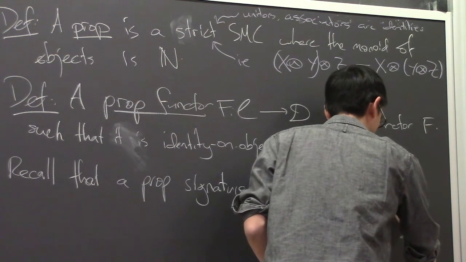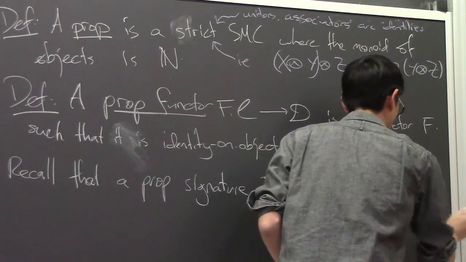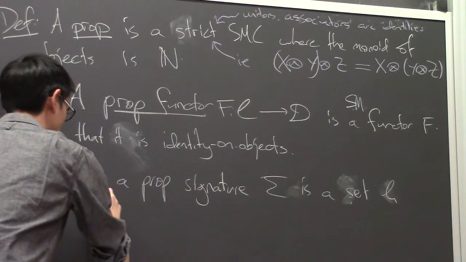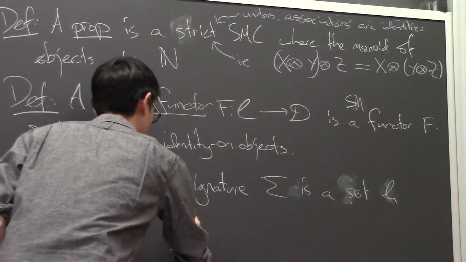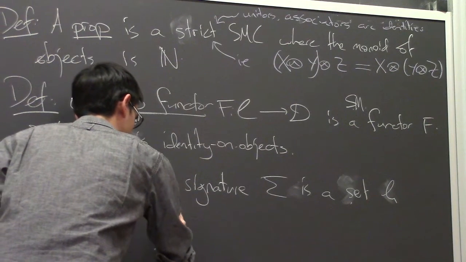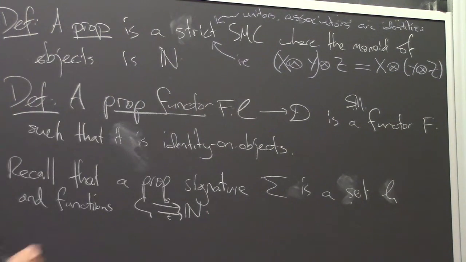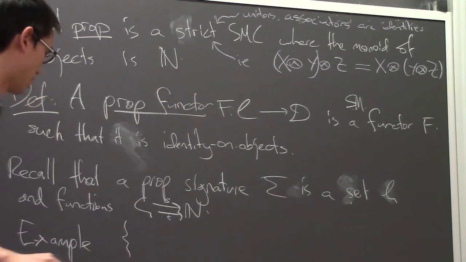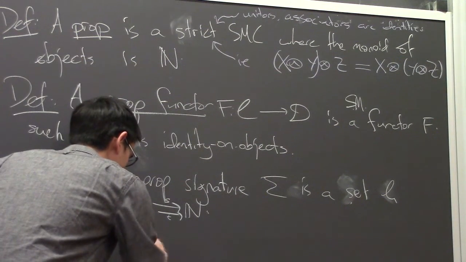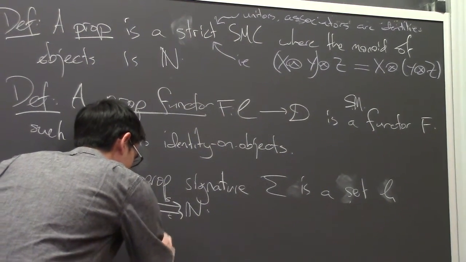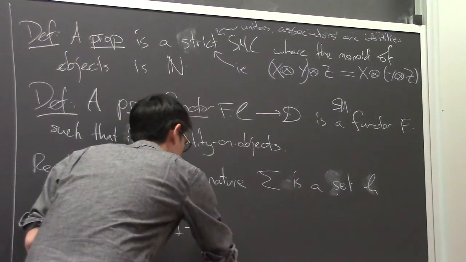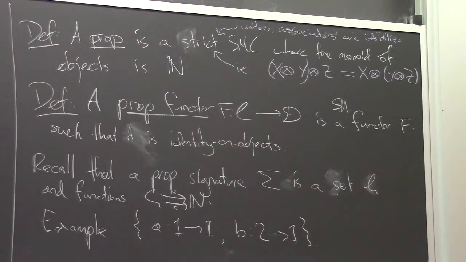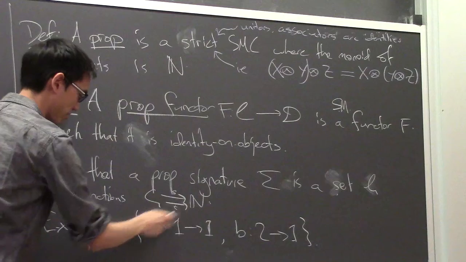Let's call it the set G, with two functions to the natural numbers. I'll call them source and target. For example, you might have, and we'll draw things like, we'll say that we have some morphism A from 1 to 1, and B from 2 to 1, and so on. So here, this thing is the S of A, and this thing is T of A.